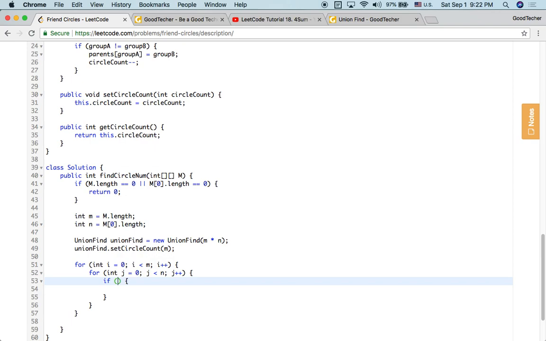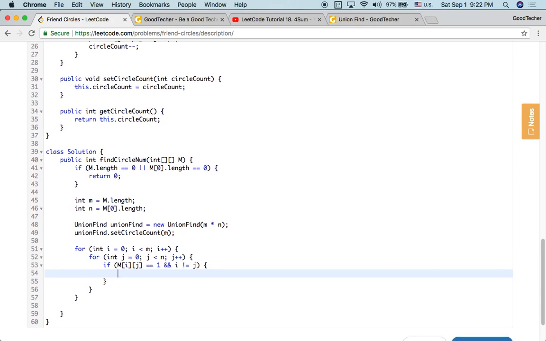If m i j is marked as 1, that's a direct friend relationship, and i is not equal to j, that's not the same person, so that's a meaningful relationship, and we should do the union. So we should do the merge. We merge i and j into one circle.